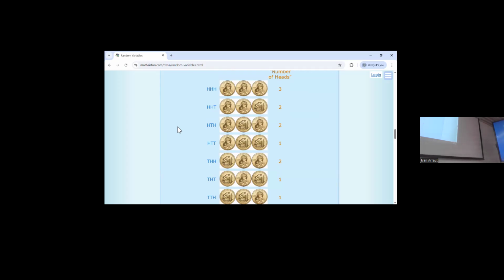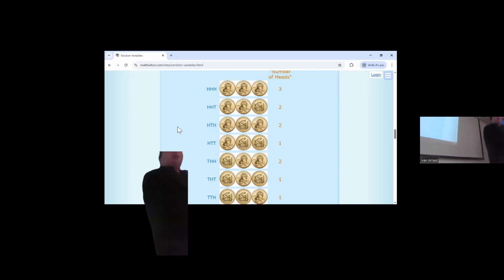So when x is equal to 3, it means head, head, head. There are 8 possible options. So the probability of getting x equal 3 is one option for all heads, divided by all the options. This is the probability of getting all heads.